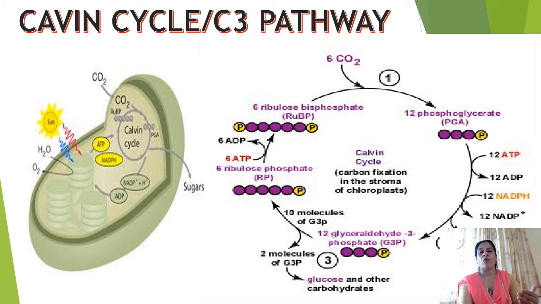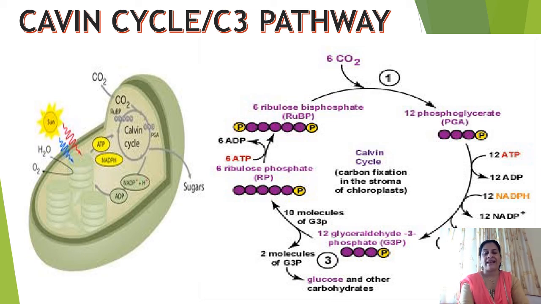Now again the fourth CO2 is fixed, the fourth time the cycle repeats, again 2 PGAL are formed. The fifth time CO2 is fixed, the cycle repeats, and again 2 molecules of PGAL are formed. Finally the sixth CO2 is fixed, the sixth time the cycle runs, and again 2 molecules of PGAL are formed. Of these 6 molecules, 1 PGAL is balanced and the remaining 5 are recycled into RUMP.